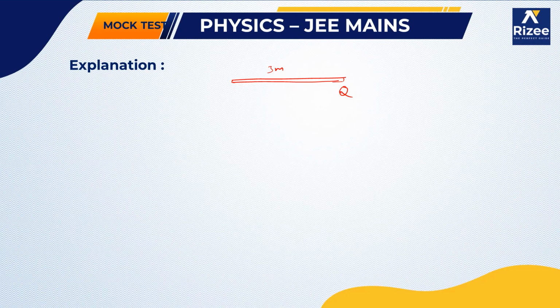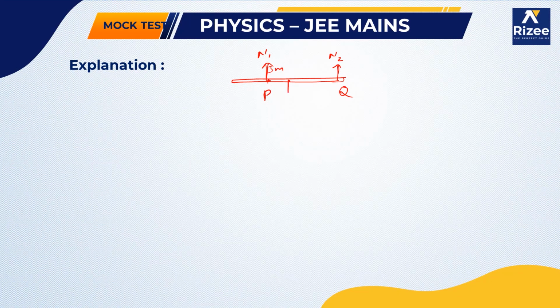And P is at some distance from the other end. Suppose P is at this particular point, then the normal reactions will be acting in the upward direction. Let me take this as N1 and this as N2.